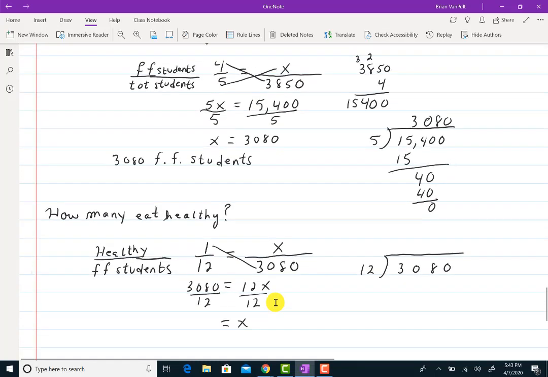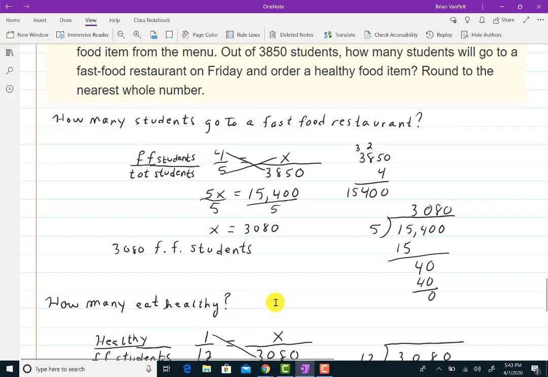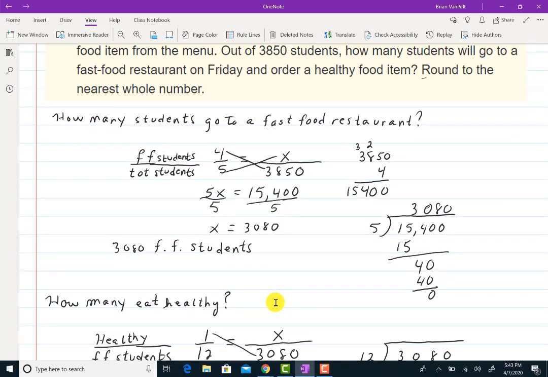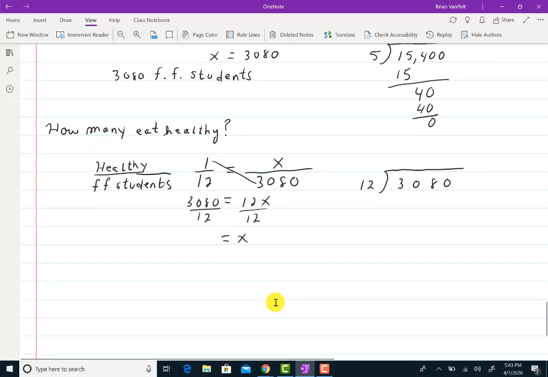Now notice, before I go further, look what it says here: round to the nearest whole number. What that tells me is it's probably best to do this in terms of decimals, because that's the easiest for rounding. So I'm going to anticipate that and put a dot for my decimal point, waiting for when I get there.